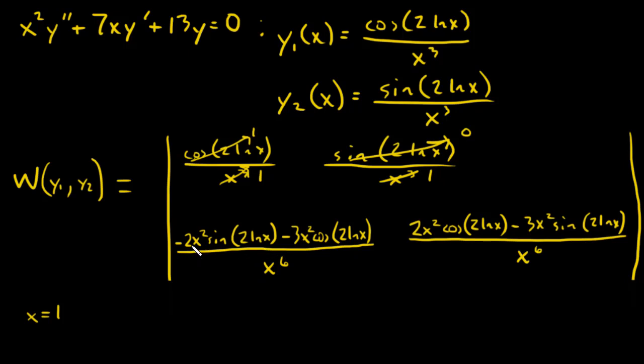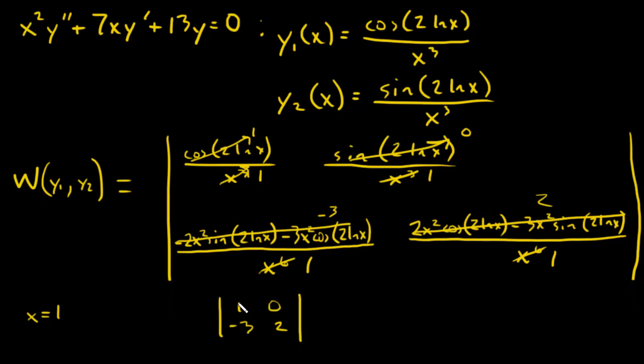Down here, I'm going to get negative 2 times 0, and then negative 3 times 1 over 1. So this whole thing is going to wind up being a negative 3 over 1. Here I'm going to get positive 2 over 1. So when the dust settles, I'll wind up with the determinant of 1, 0, negative 3, 2.